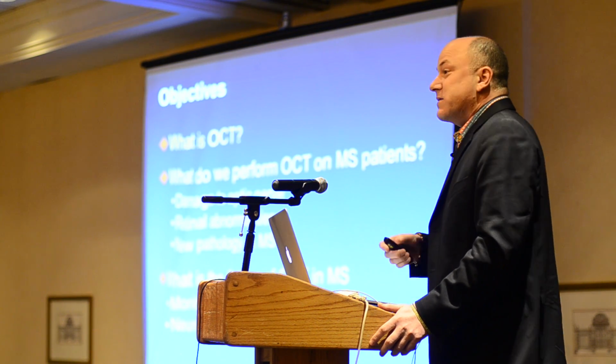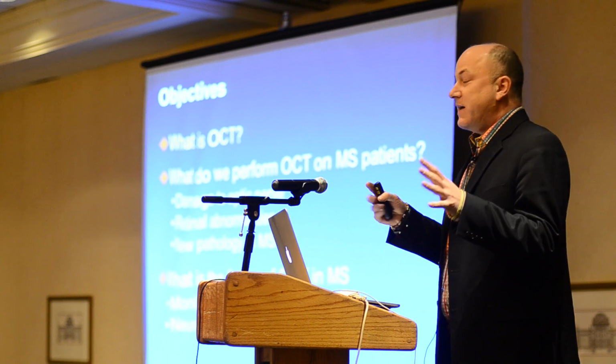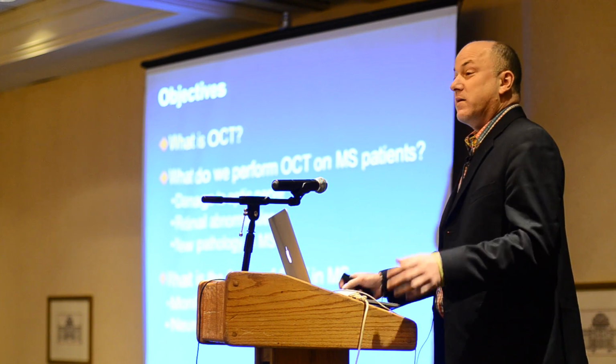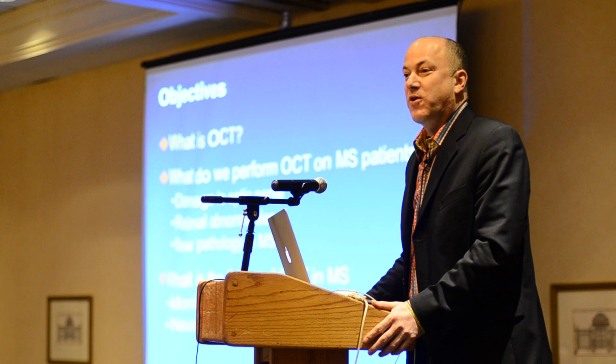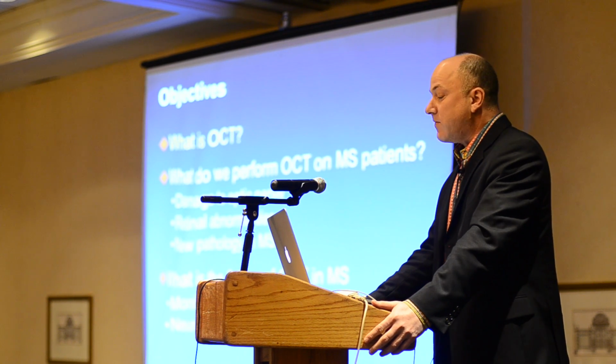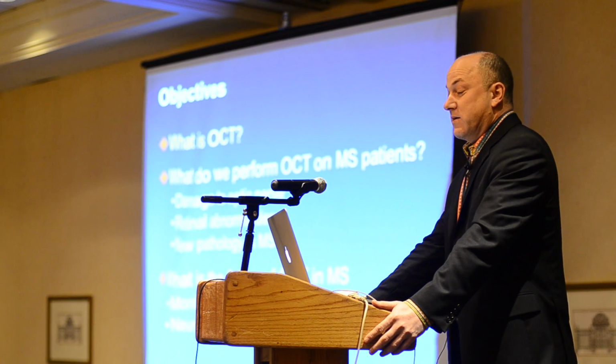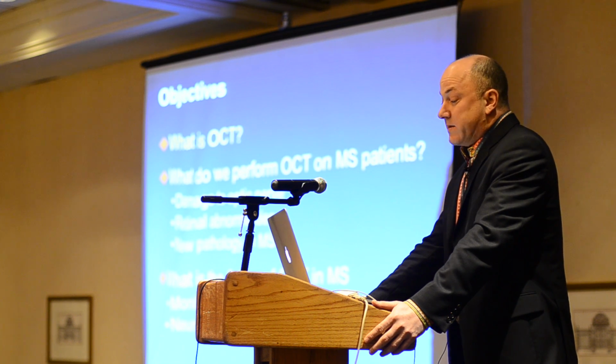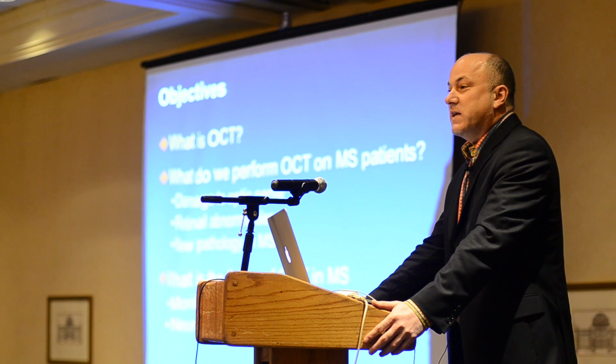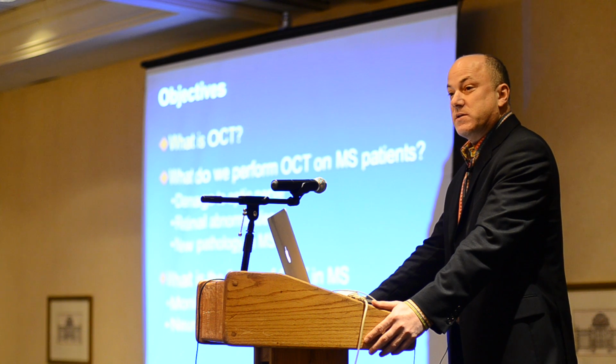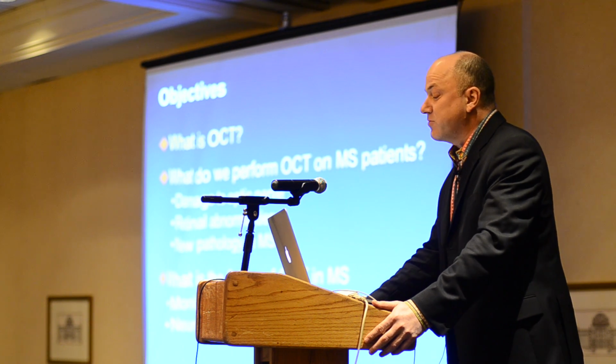So what I want to get through to you today is to explain what is OCT, or Ocular Coherence Tomography. More importantly, why, not what, why do we perform OCT on MS patients? Okay, and that's three major reasons.